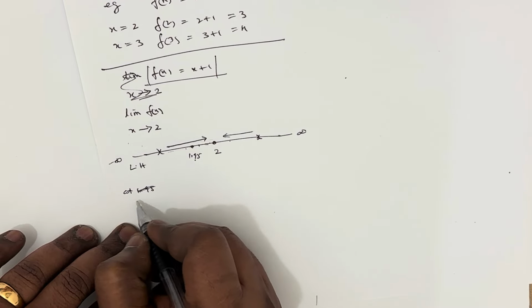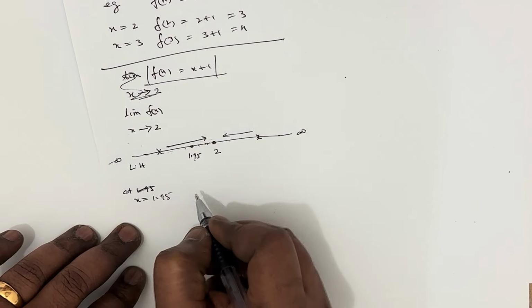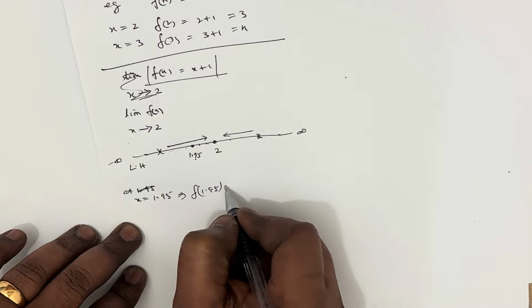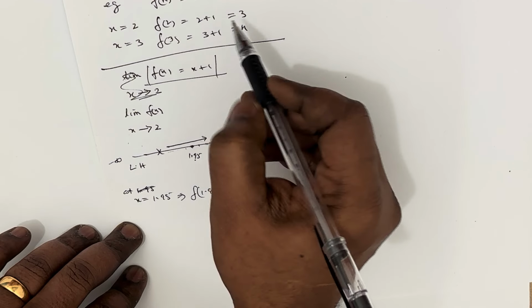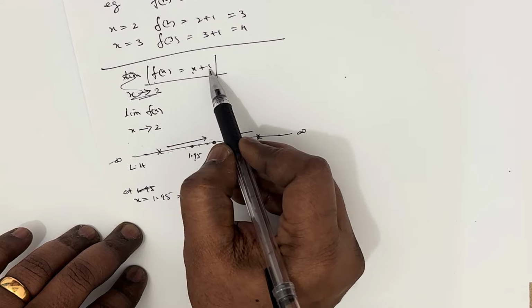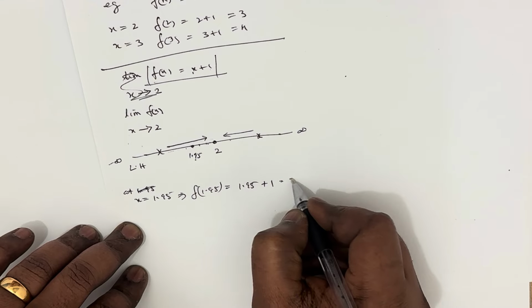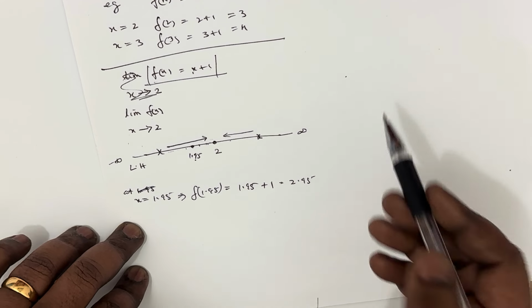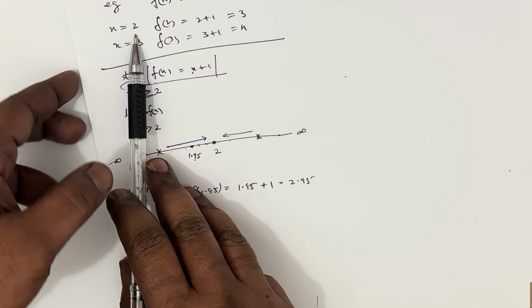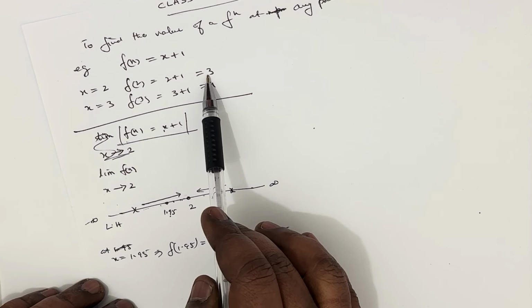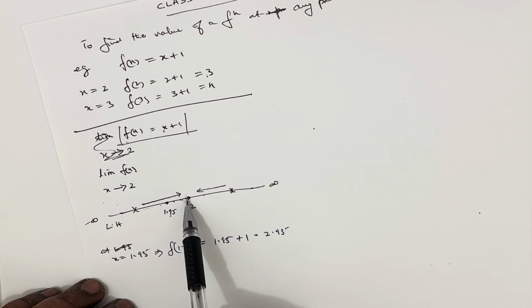At x is equal to 1.95, the function will be f of 1.95, which is 1.95 plus 1, which will be 2.95. When x was equal to 2, the function's value was 3.